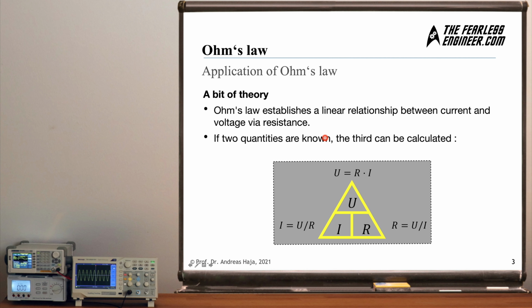Before we do so, again, a quick bit of theory. We have already talked about the relationship that Ohm's law establishes between the two values. Important to know is that it only defines a linear relationship between current and voltage, which means the resistance value R, which you can see here in this small triangle, is constant for all currents which flow through the resistor. This is not the case for all materials.